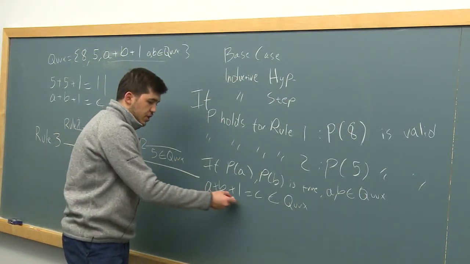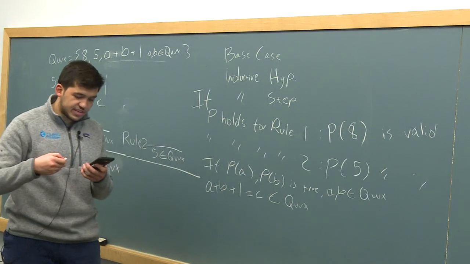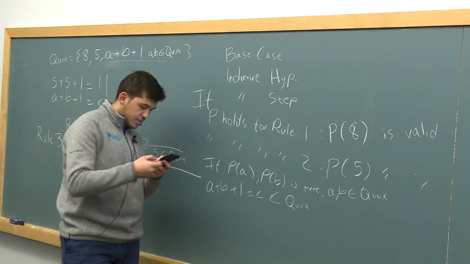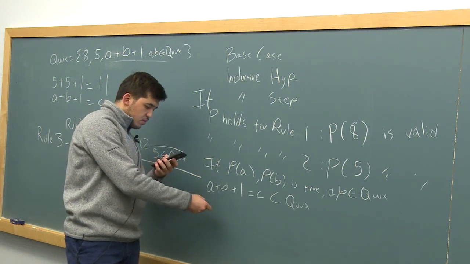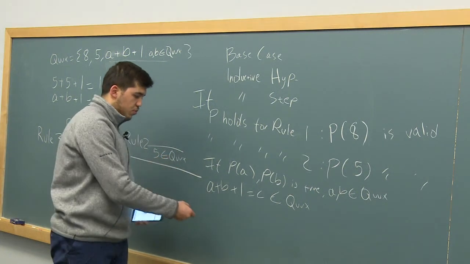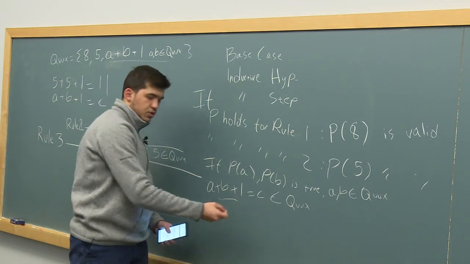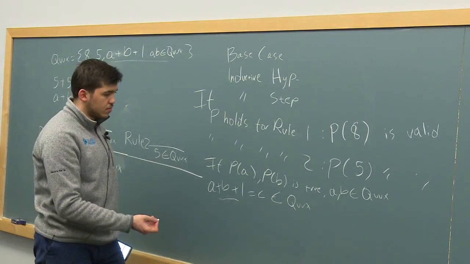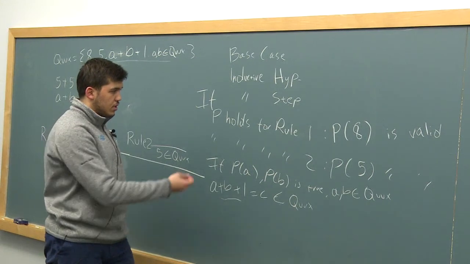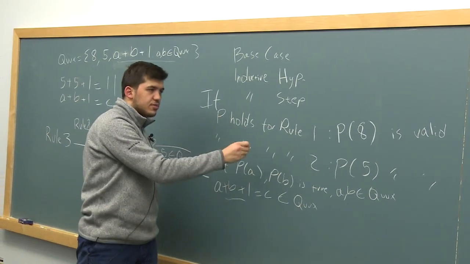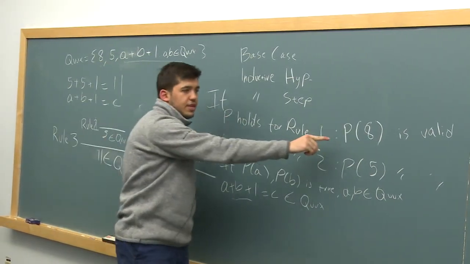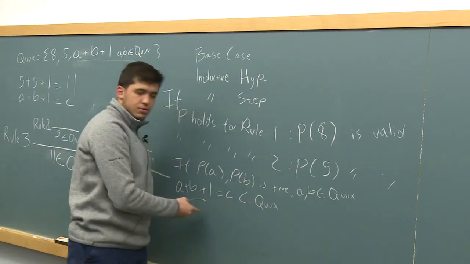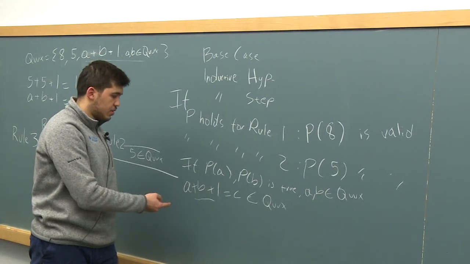So here we would be, which is the next question actually, proving that this equation holds as well. But what is unclear about the property? Aren't we proving the property holds for the rules? Yeah, we're proving that the property holds for the rules, and we have 3 rules. And we've shown that it holds for 8, or rule 1. We've shown that it holds for rule 2. And this is rule 3. Right.